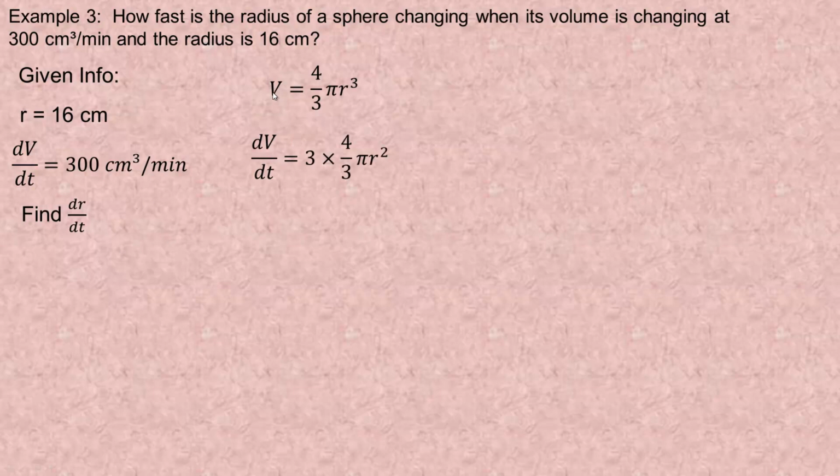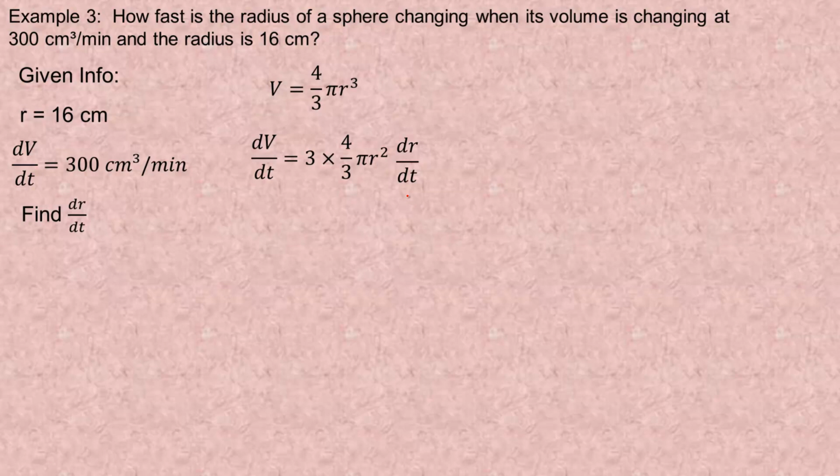So on the left, the derivative of volume with respect to time would be dV/dt. And you see, the 4/3 pi is just a constant, so the derivative on the right will be that constant, the 4/3 pi, times the derivative of the r cubed. So power rule, so the 3 comes down in front, that's what this 3 is here. We reduce the exponent from 3 to 2, we subtract 1 from it, and we multiply it by the derivative of r with respect to time, which would be dr/dt.